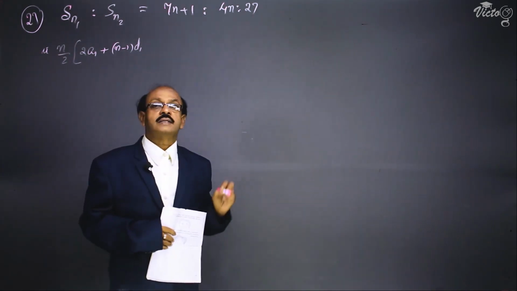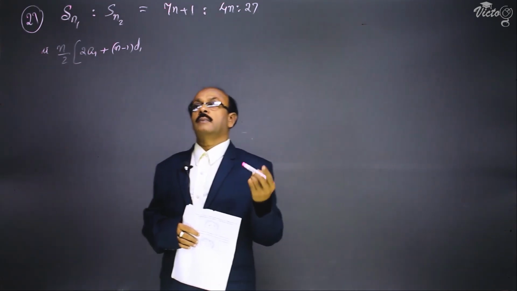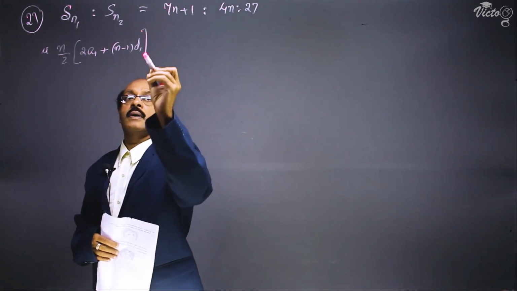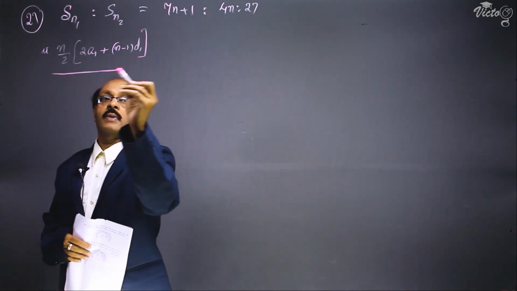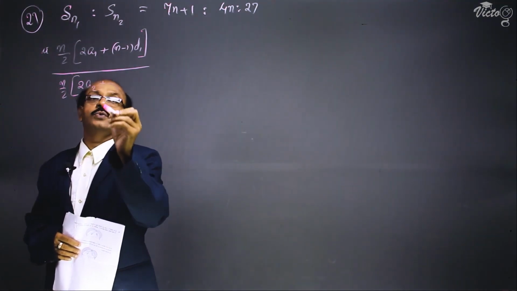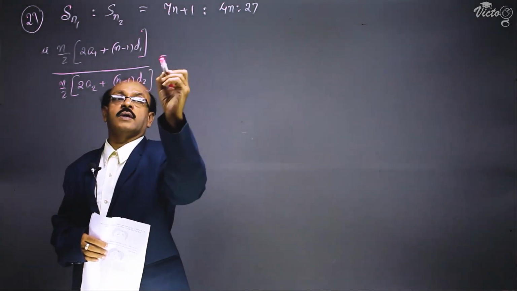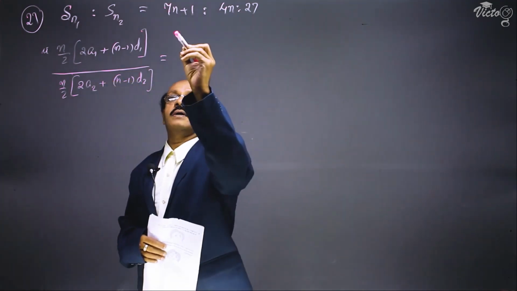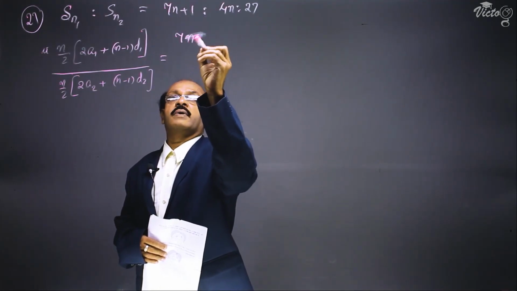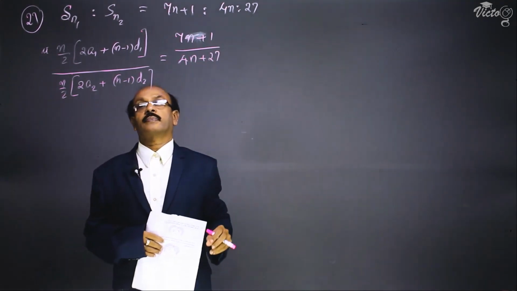Since it is the sum of the first n terms of the first AP, we take the first term as a1 and the common difference as d1, divided by n by 2 into 2a2 plus n minus 1 into d2, is equal to 7n plus 1 divided by 4n plus 27.